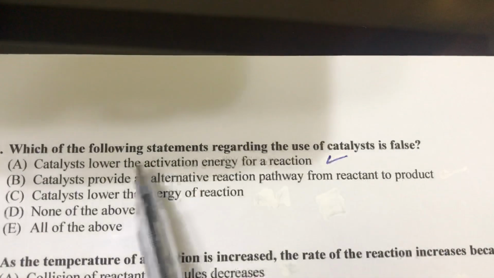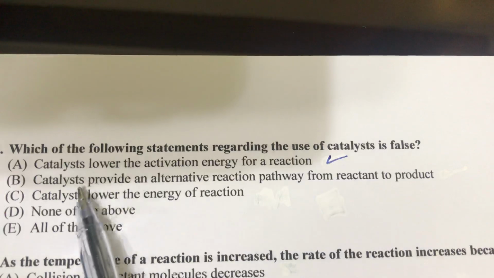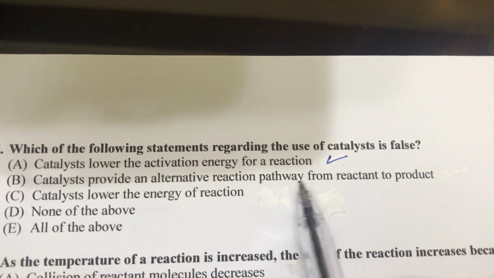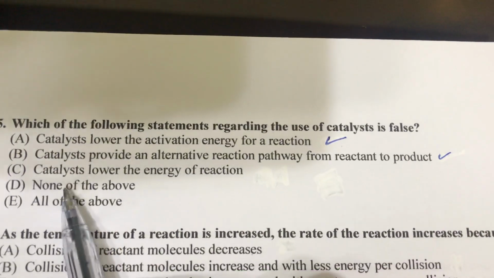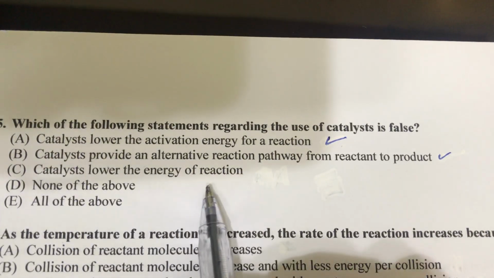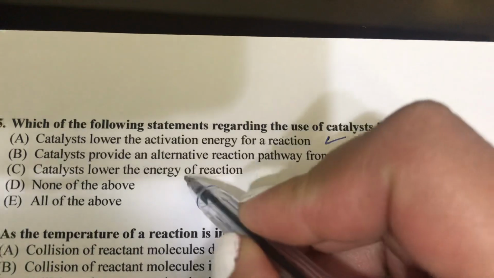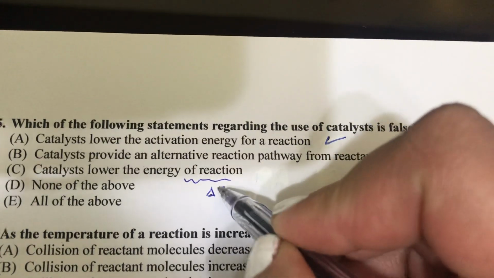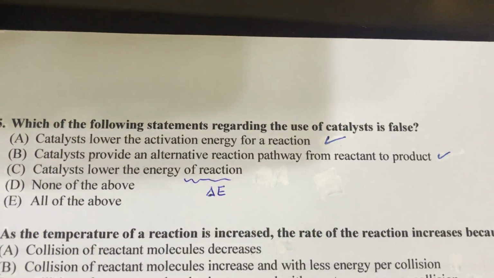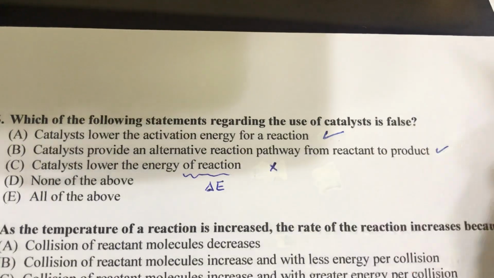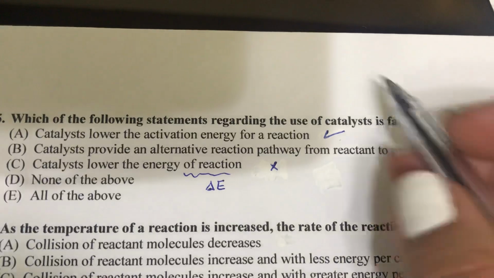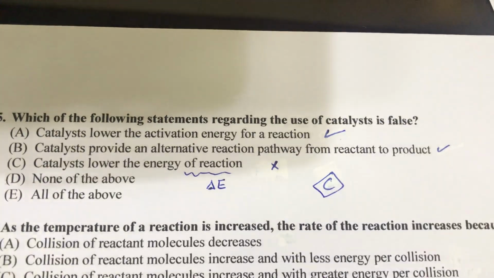So here, lower the activation energy, yes. Providing an alternative reaction pathway from reactant to product, yes. Catalyst lowers the energy of reaction, delta E. So does a catalyst affect delta E? No. So this is the false statement. So the correct answer is C.